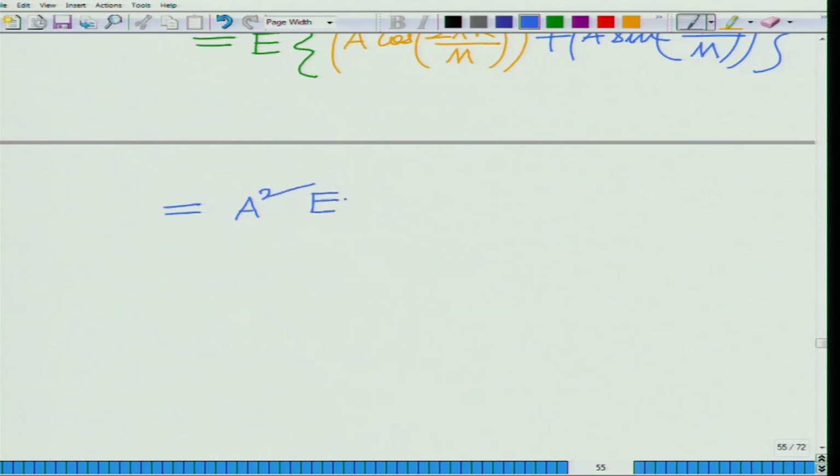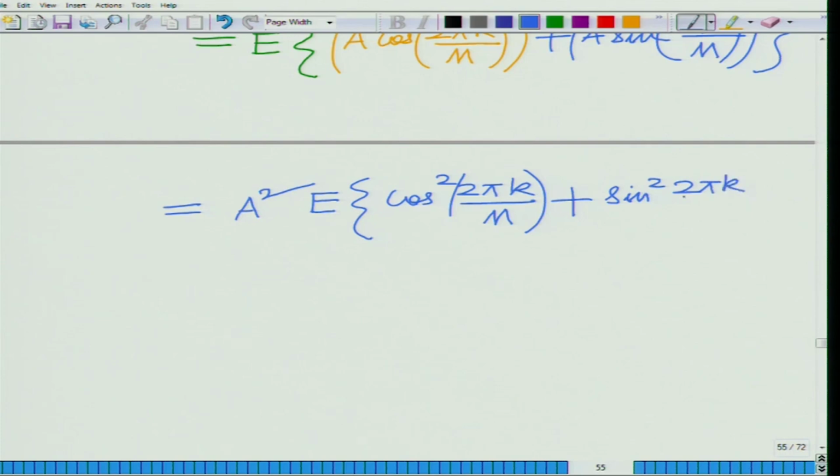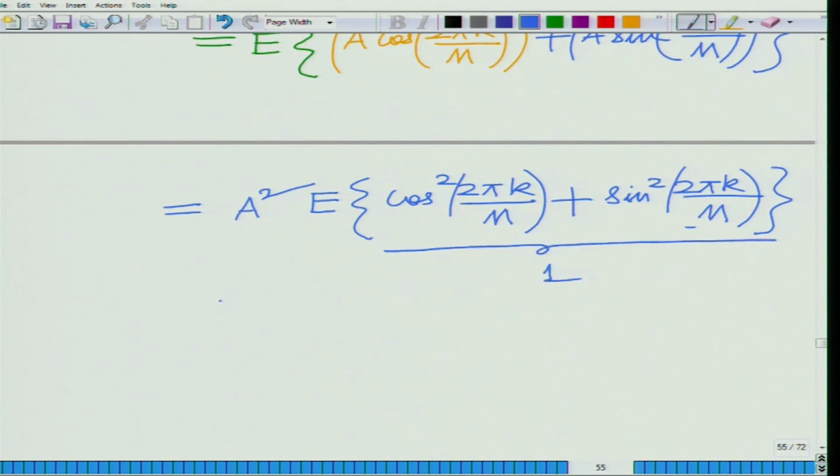A is a constant, times the expected value of cosine square 2 pi k by M plus sine square 2 pi k by M. This is of course 1.